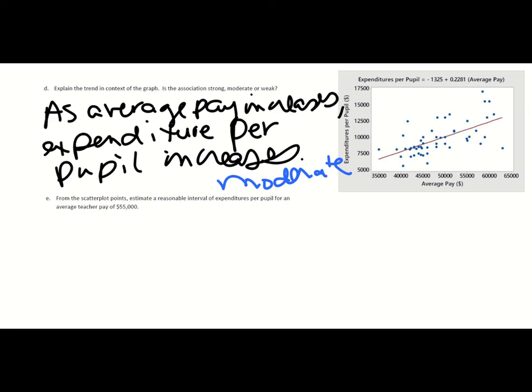For 55,000, it looks like it spends from here to here, about 8,900 maybe to about 12,000, approximately. It's kind of hard to see from the graph.